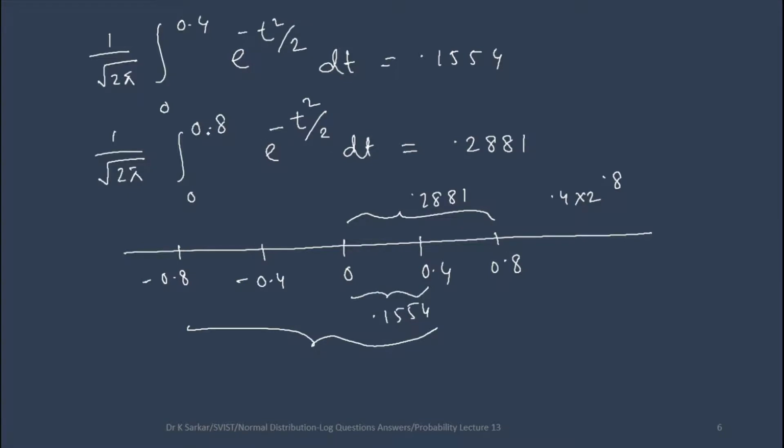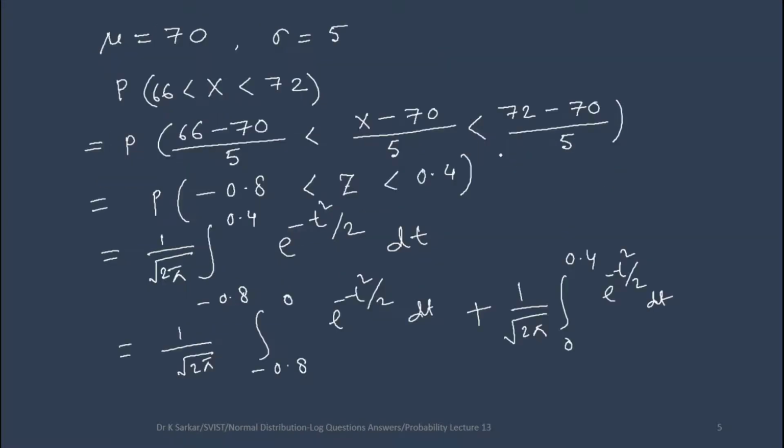So we can write this value 0.2881 in place of from minus 0.8 to 0. So this is 0.2881 plus 0.1554. If we add, then we will have 0.4435. This is the required answer.